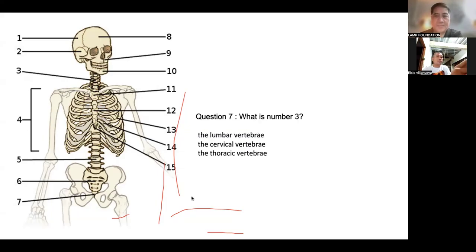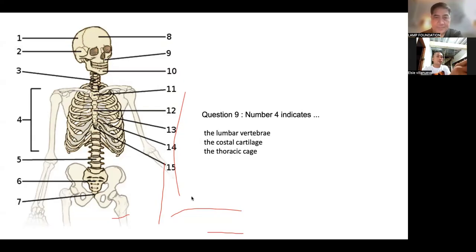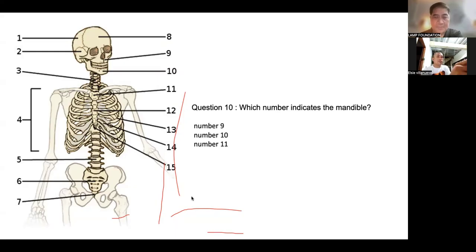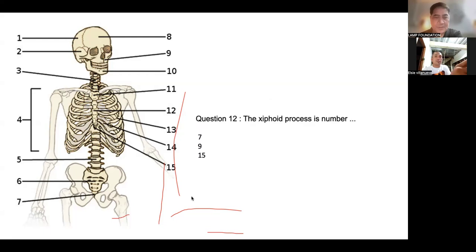Number 3, cervical vertebrae. Sternum. Number 12. Number 4, the thoracic cage. Mandible. Number 10. Number 5, the lumbar vertebrae. Xiphoid process.